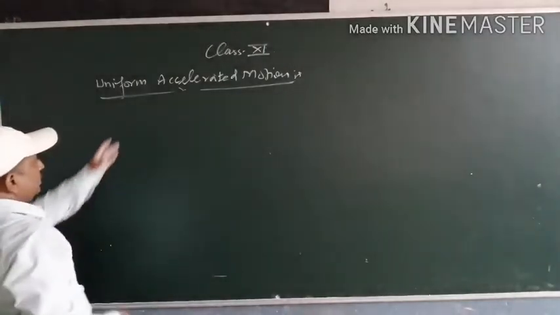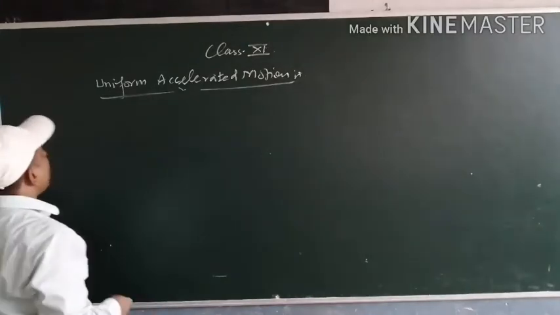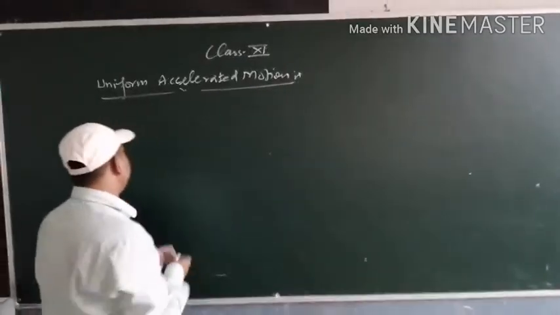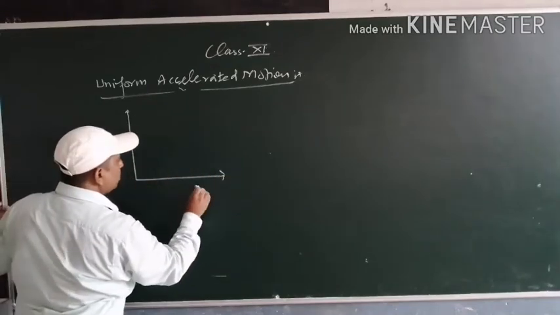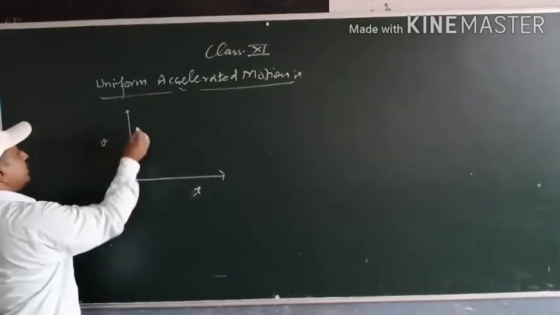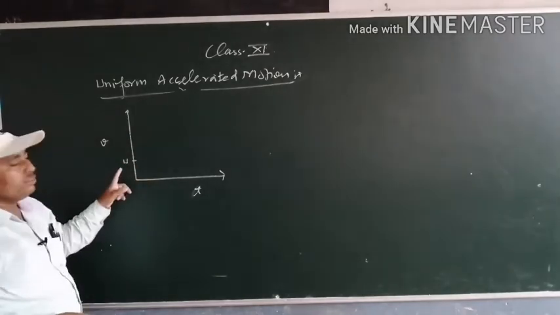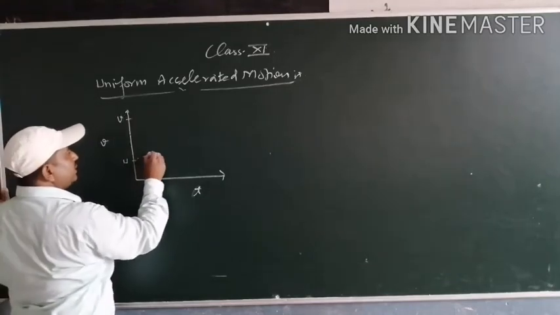Now we are going to describe how we can derive all three kinematic equations with the help of a graph. Suppose we plot a Vt graph in which an object starts its motion with a speed u and attains a speed v after time t.